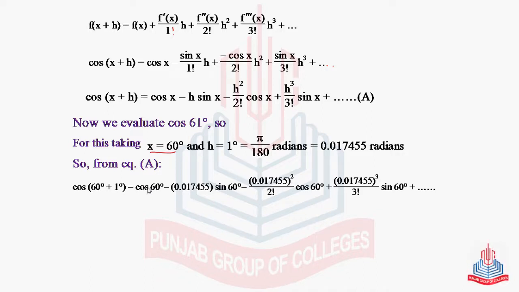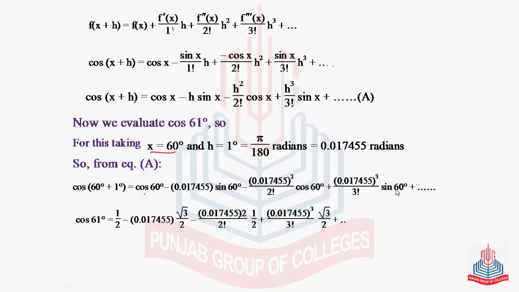So cos of x will become cos of 60 degree, h is 0.017455 as 1 degree was equal to 0.017455, into sin 60, minus h square, taking the square of 0.017455, divided by 2 factorial, cos x was 60 degree, and similarly the later values will move in the same way.